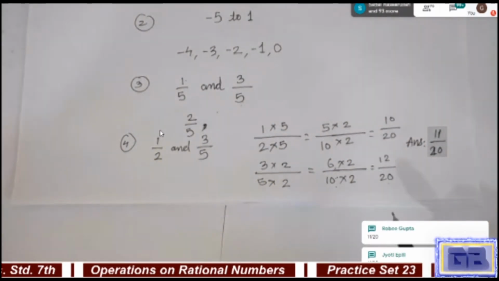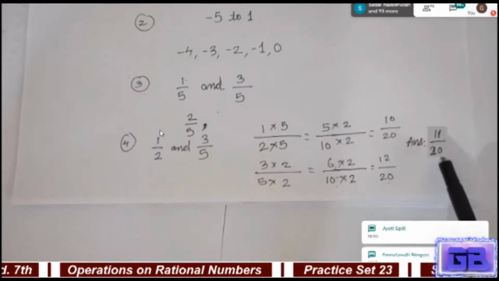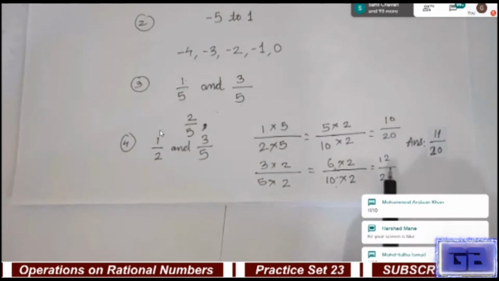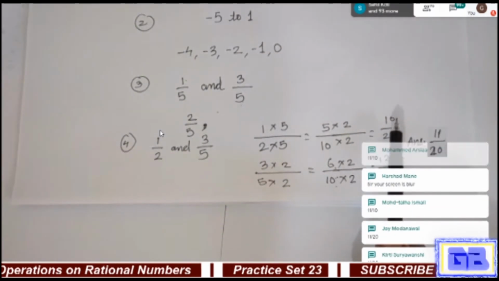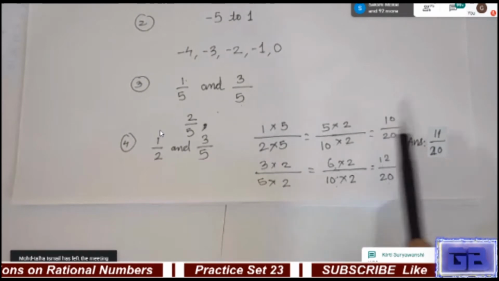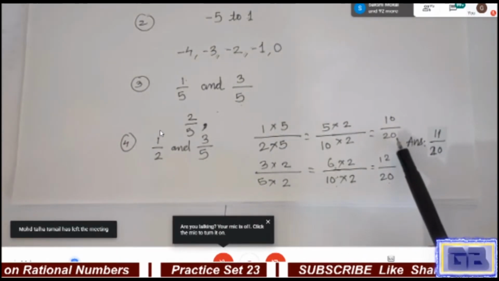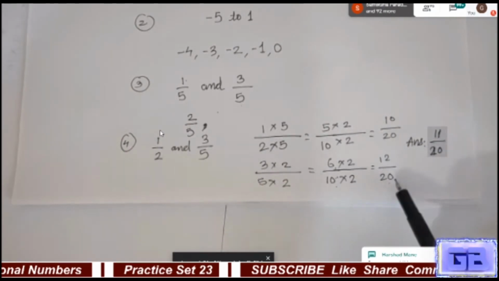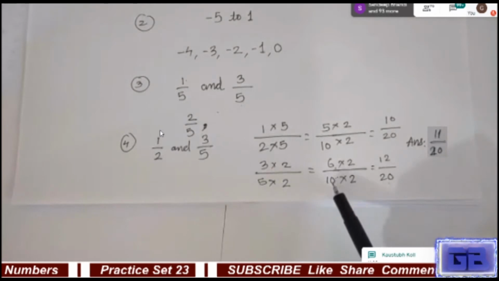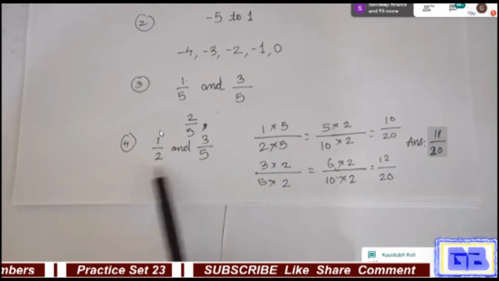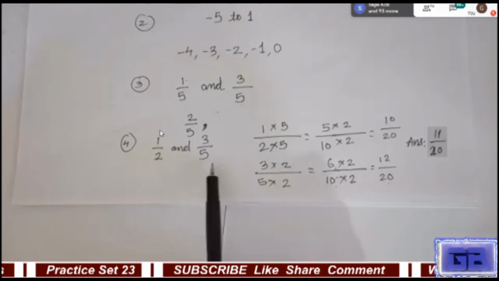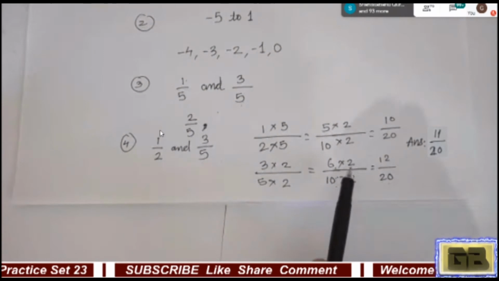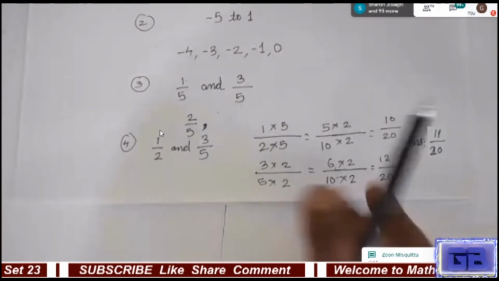If we want more rational numbers in between, what next step will you do? Again multiply both fractions with 2, then you get bigger numbers, but the condition is denominators should be equal. If these are different, first convert into equal denominators, and then we will get the answer. Understand all of you?